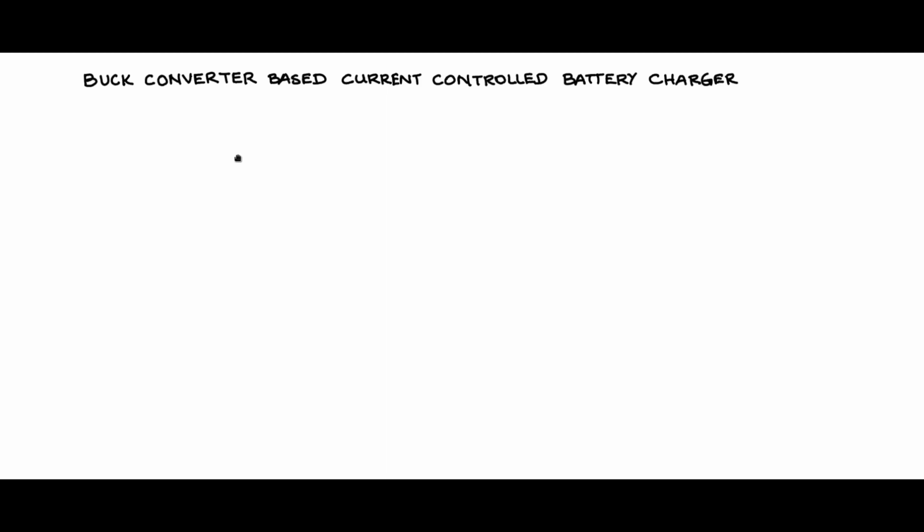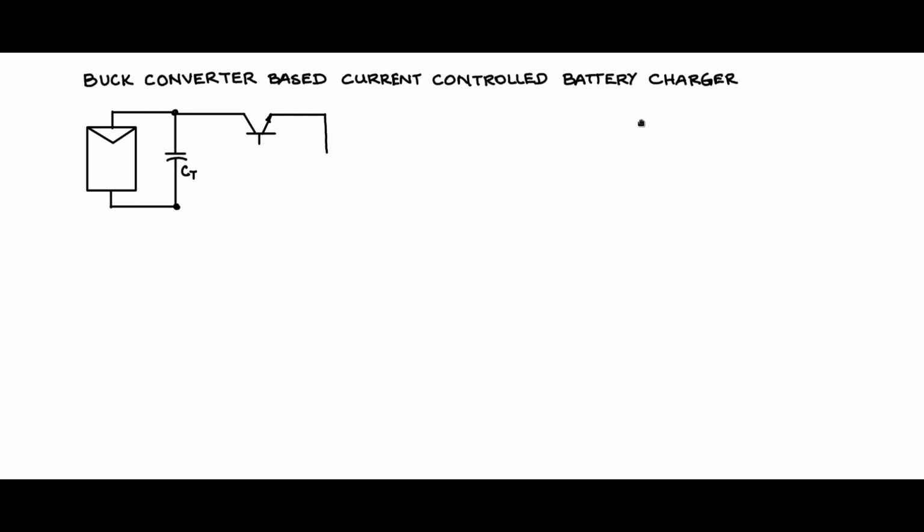Now what it basically means is that the PV module or the PV array is interfaced with a buck converter which will charge the battery. So let us draw the circuit schematic. You have the PV module, the PV panel, connected to a buffer capacitor CT at the terminals, and this is followed by a buck converter.